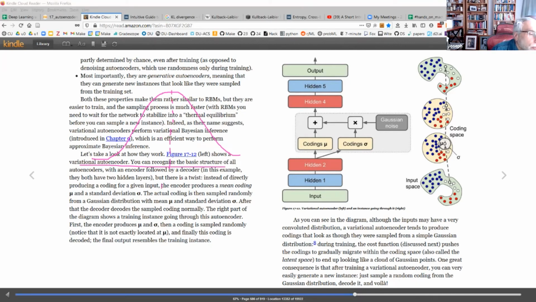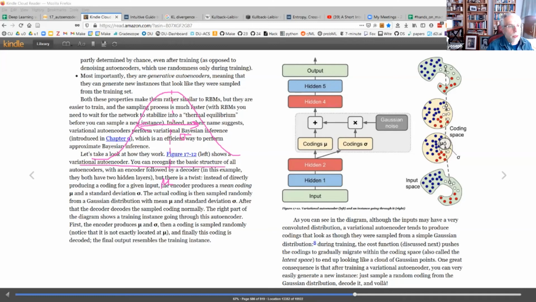So a Gaussian distribution with a mean mu and standard deviation sigma, this is meant to be sigma, the width of the distribution.